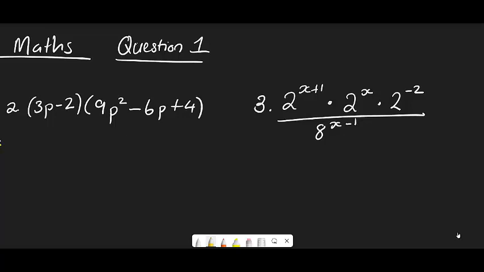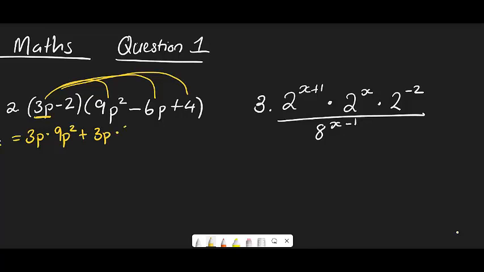So if I start with the first term over here, I'm going to multiply it by all 3 terms, right? So I'm going to say 3p times 9p squared plus 3p times negative 6p plus 3p times 4. That's my first term in the binomial.